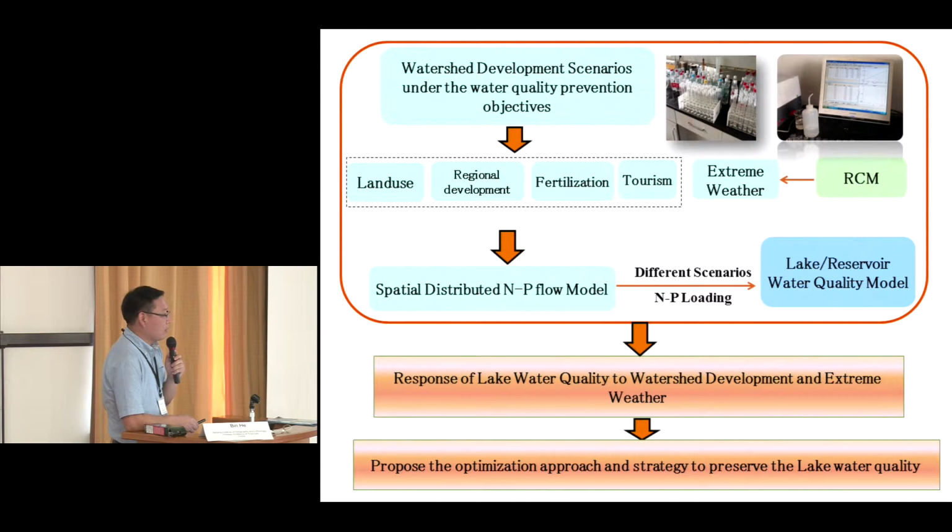So we want to see how, in the situation of extreme weather, these factors affect the water quality. So we use the spatial nitrogen phosphorus flow model to see, for different scenarios, how the nitrogen and the phosphorus loading is impacted for the lake water and the basin scale, the river waters.